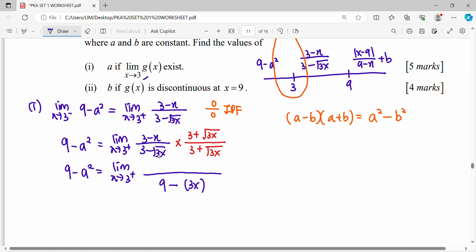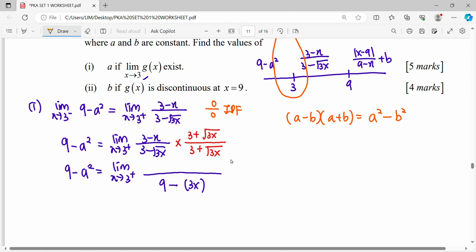Now the other part of it, do we need to expand? Actually, what do you need to simplify after this? After you conjugate, what do you need to simplify?